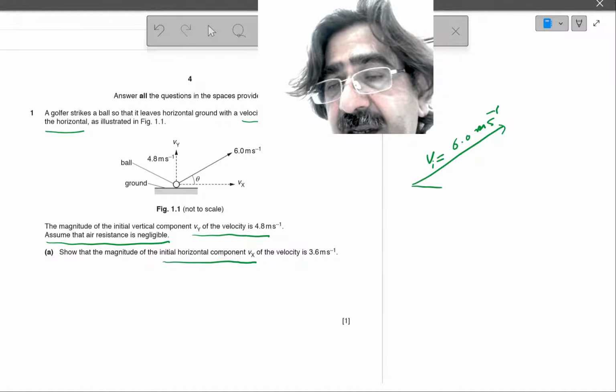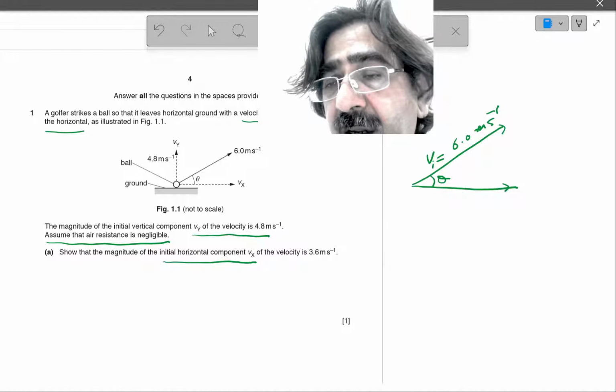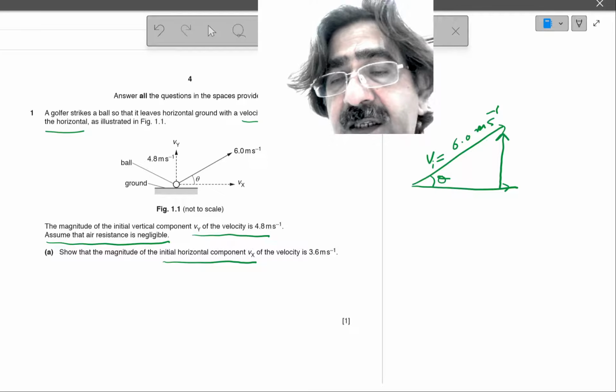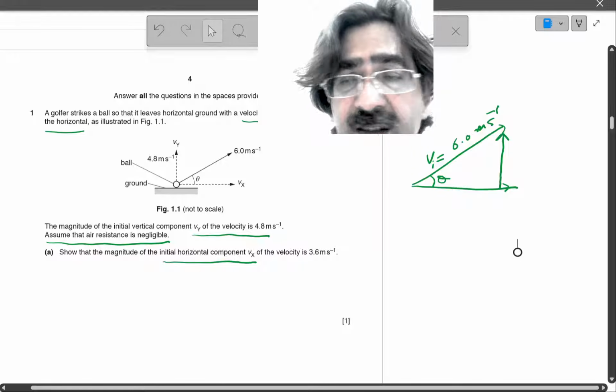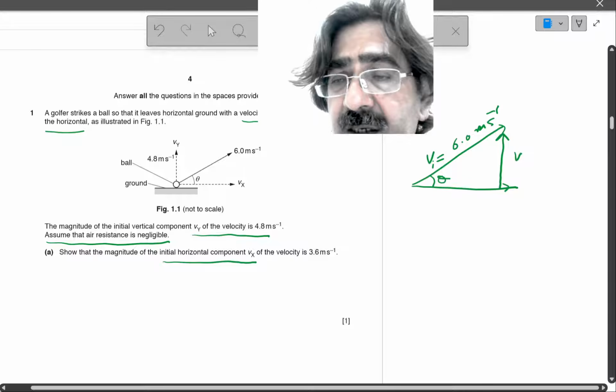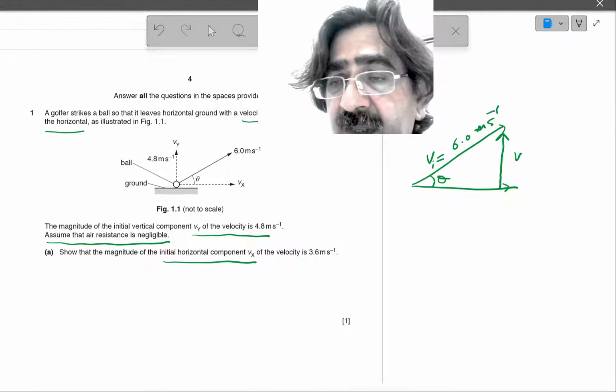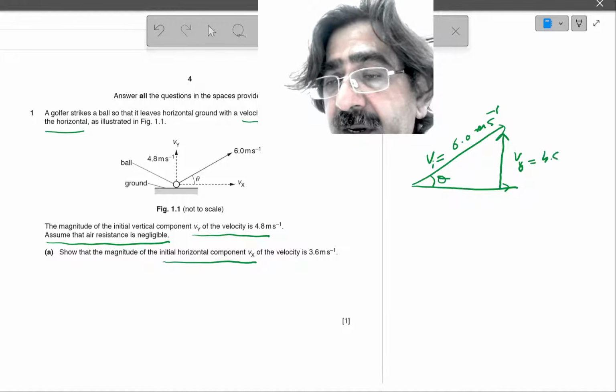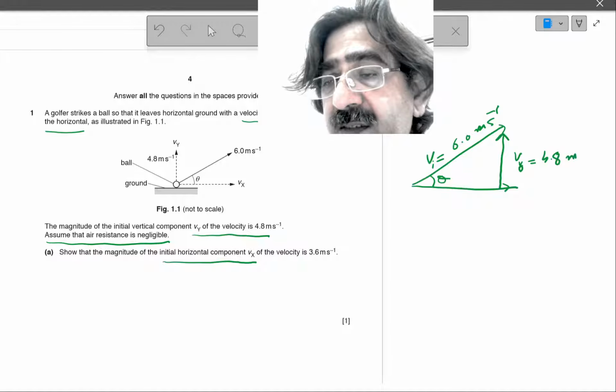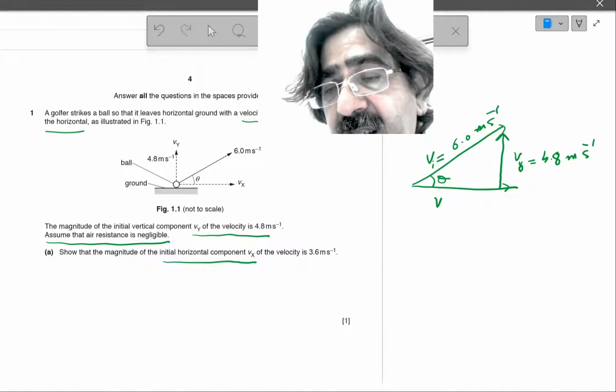Because it makes angle theta with the horizontal, it will have two components, one vertical and one horizontal. The vertical component Vy is given, that is 4.8 meters per second. Now we have to find Vx.